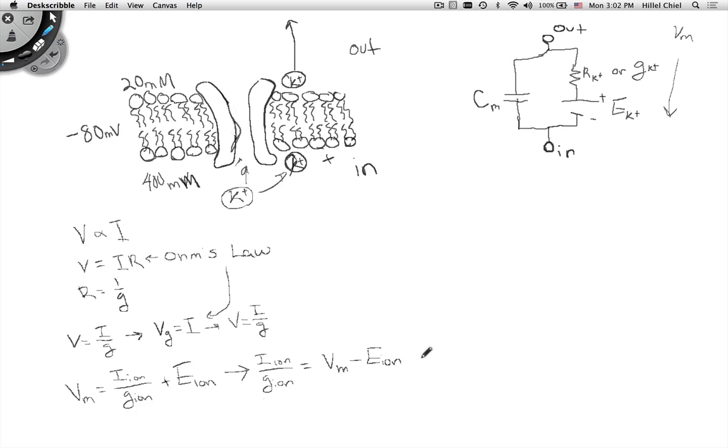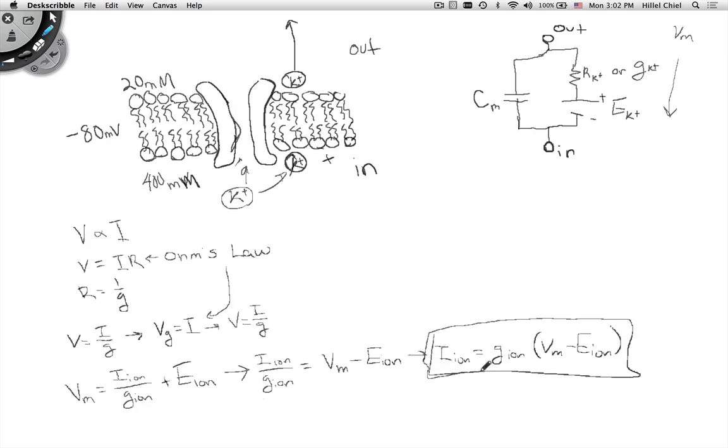Right. Which then turns into I ion equals G ion times Vm minus E ion. A very important equation.